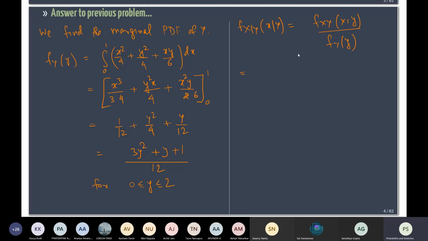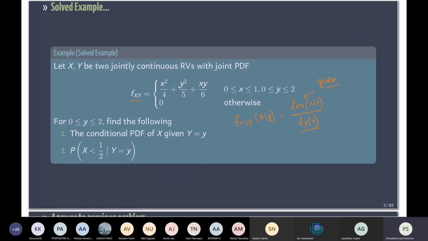Now the joint we were given to have this, so we will substitute that here.